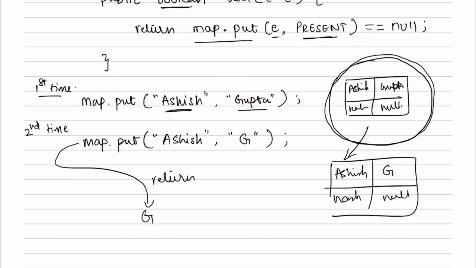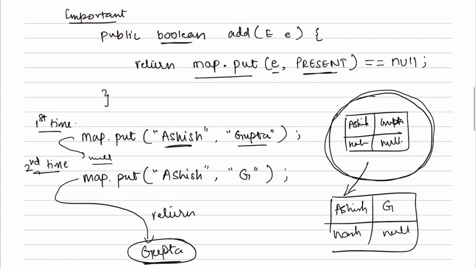Here, the first time, it will return null. But the second time it will return you Gupta, because Gupta was the older value against Ashish. Sorry if I said G before.